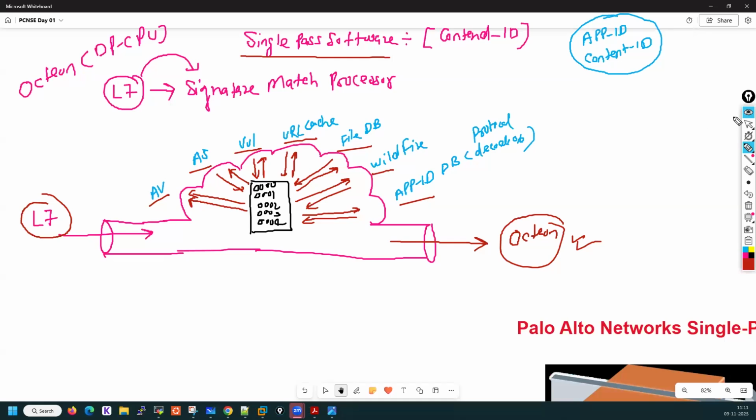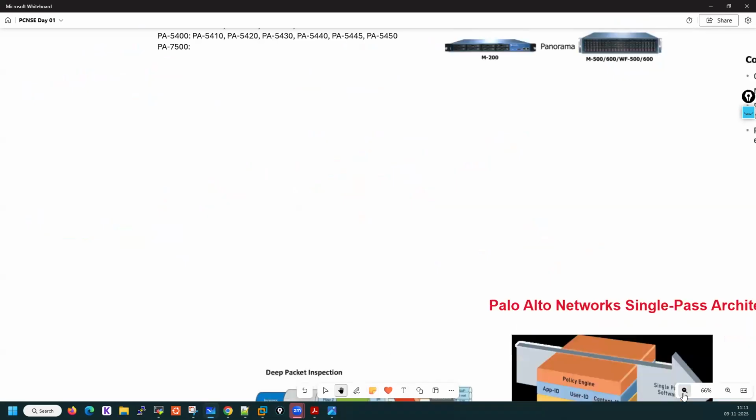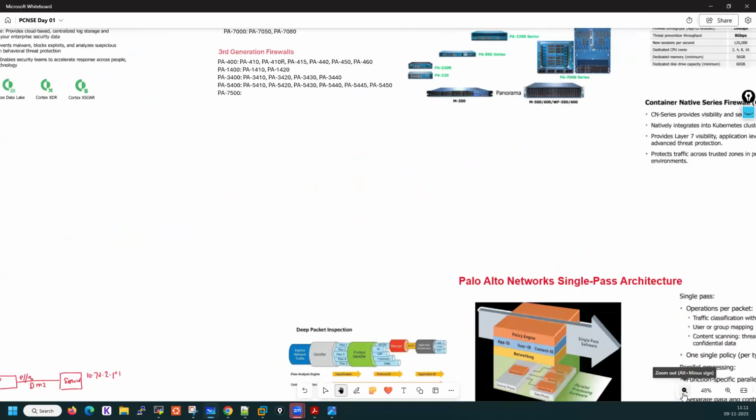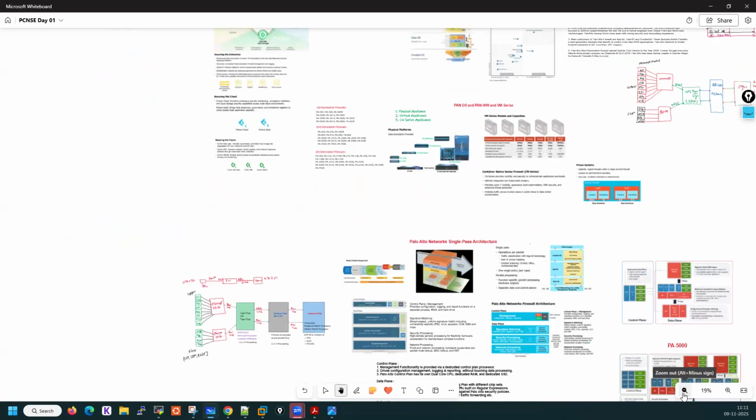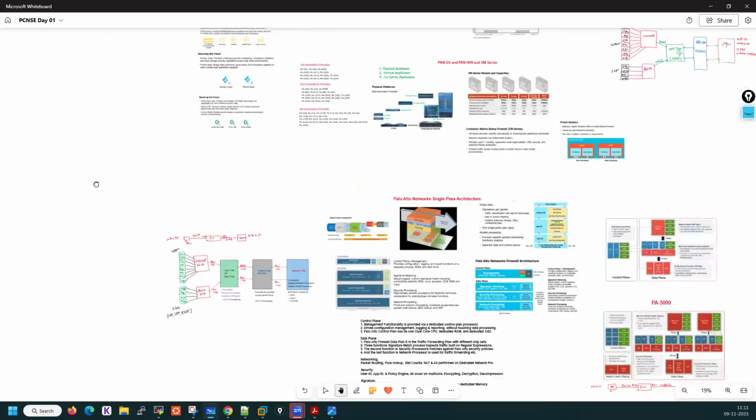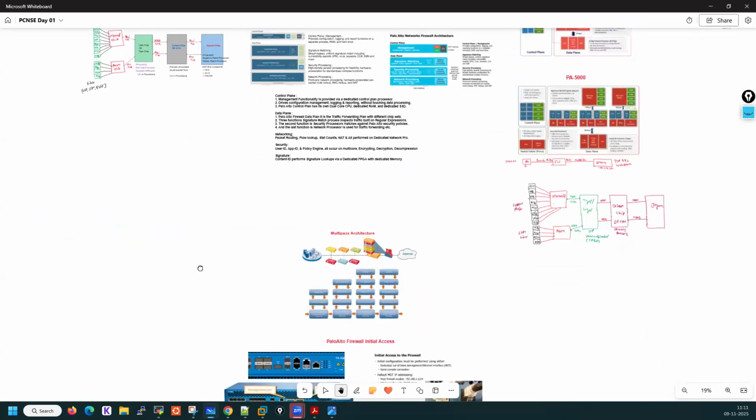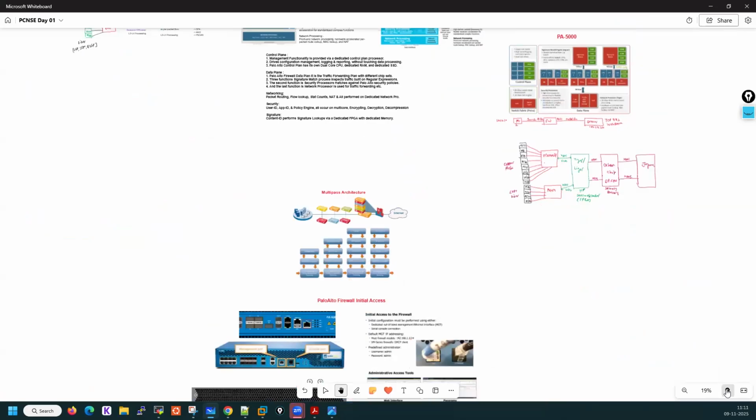Now, let me explain the architecture of multipass first. I do have a multipass architecture somewhere here only. Yeah, this is the multipass.